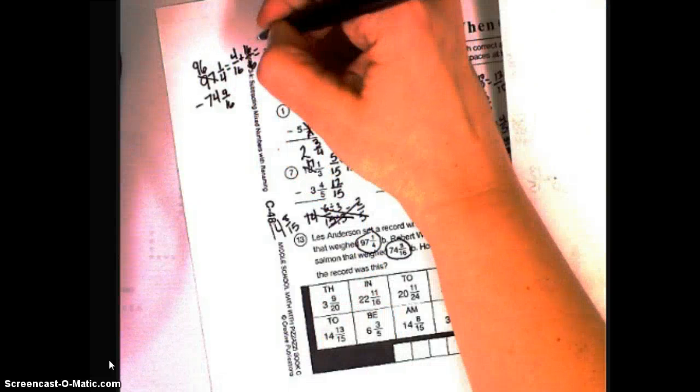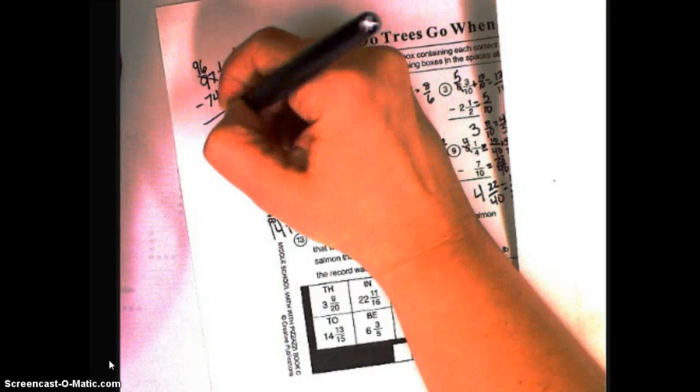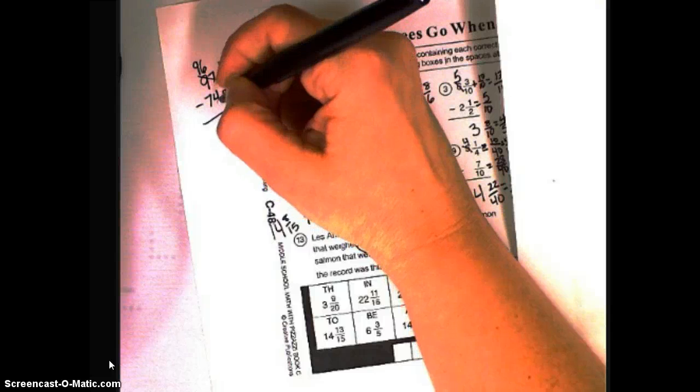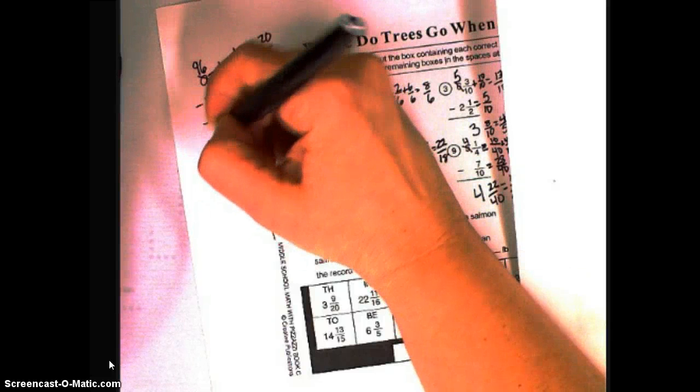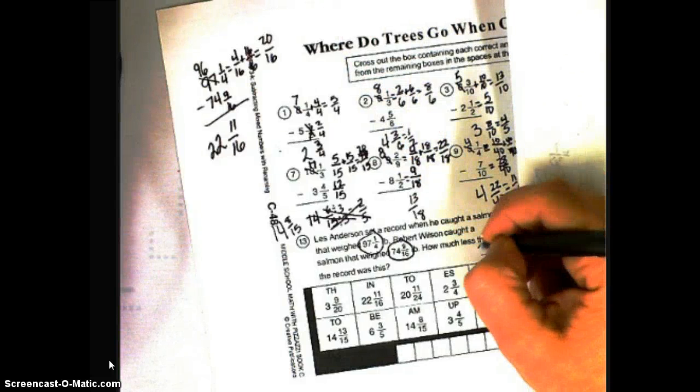And we'll get 20/16. And then we can subtract our 9. And we'll get 11/16. And 96 minus the 74 will get 22. So 22 and 11/16 for that one.